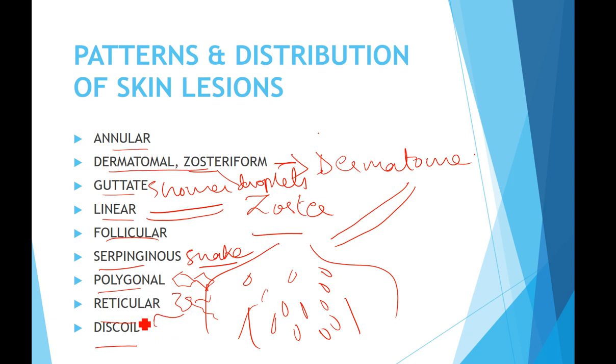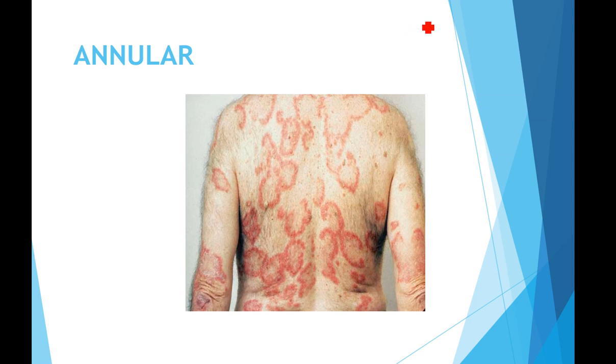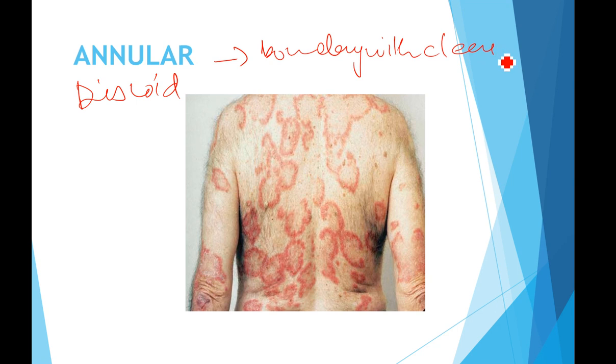There's a difference between annular and discoid, and I will show this. This is an annular lesion. What is the difference between the annular and discoid? The annular will have boundaries with central clearing. This is the main difference.